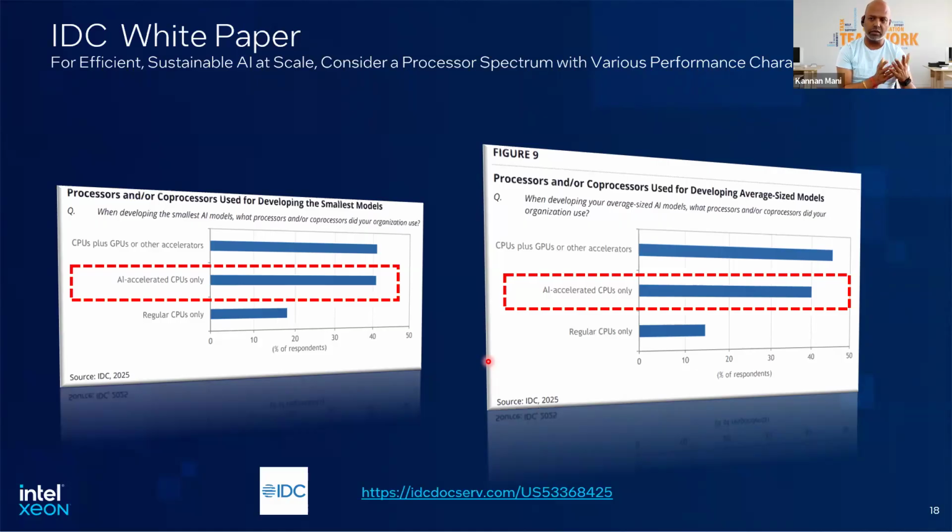You can see some of them do both together, but at least you can see the CPU only is preferred. I already gave you the example of the variance you're trying to get. If you can get things done on CPU, why would you need GPU at that first point, right? So you can get things done by CPU itself. Same thing goes with average models as well.